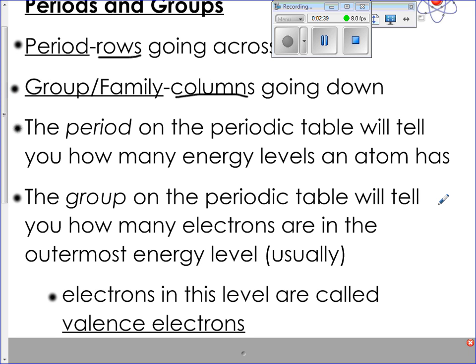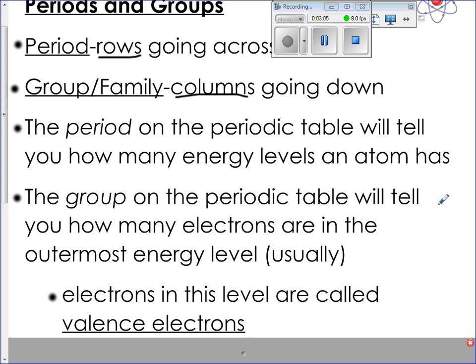You'll notice that every single one of them, in the outermost energy level, only has one electron. If you look at beryllium down to calcium, every single one, beryllium, magnesium, and calcium, all have two electrons in the outermost level.